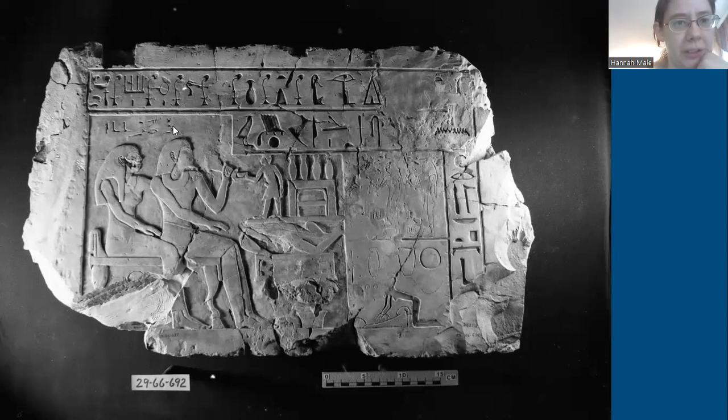So if you look here, these hieroglyphs relate to the wife because it gives the hieroglyphic words of his wife, his beloved, and then this I think is probably her name.